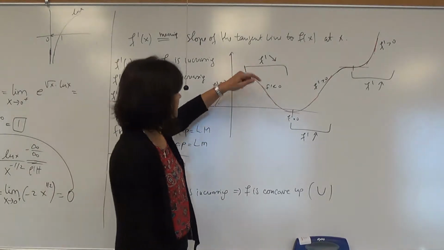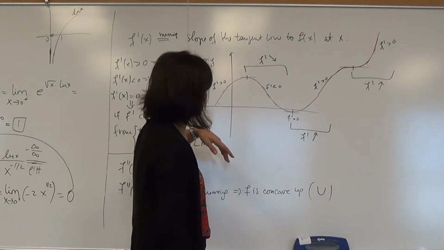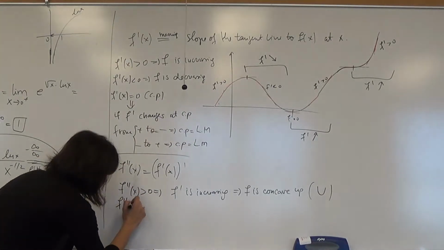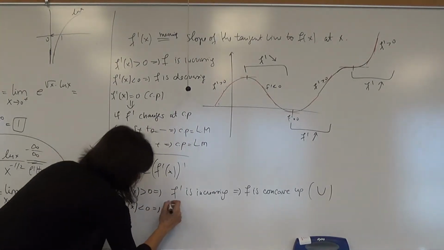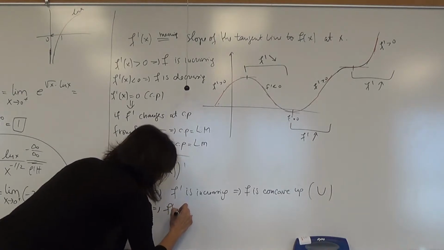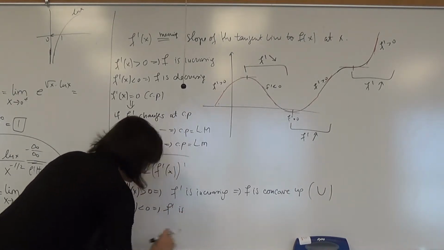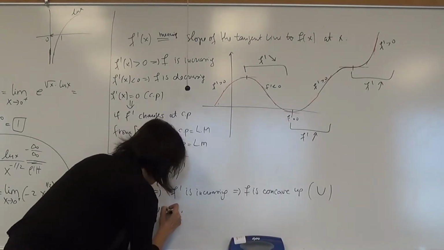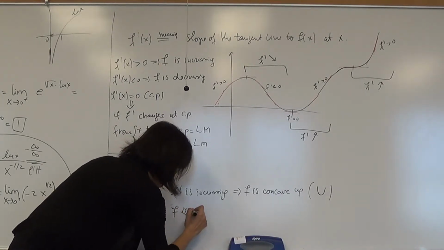Now when f prime is decreasing, like in this case, it is concave down, or doesn't hold water, so f double prime is less than 0, which implies f prime is decreasing, which means f is concave down.